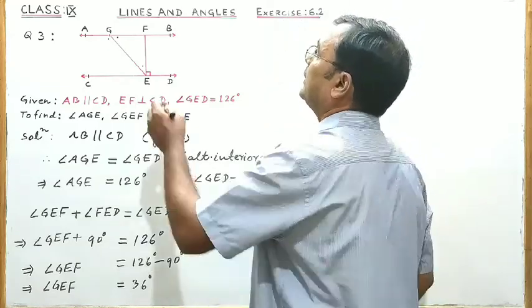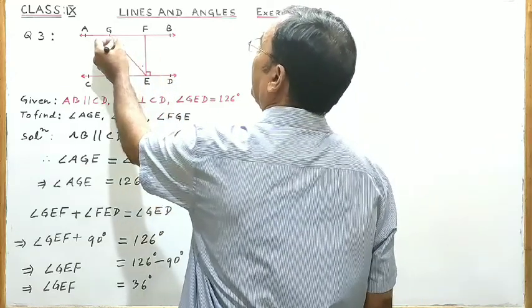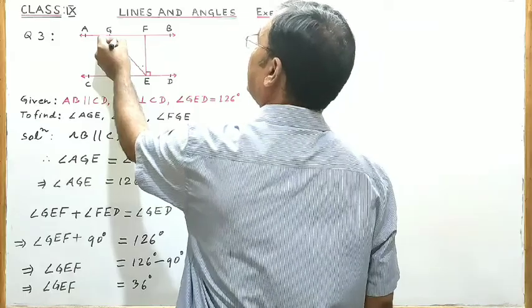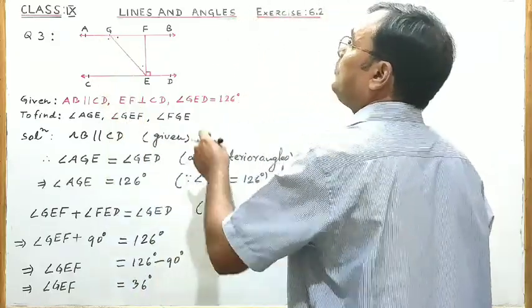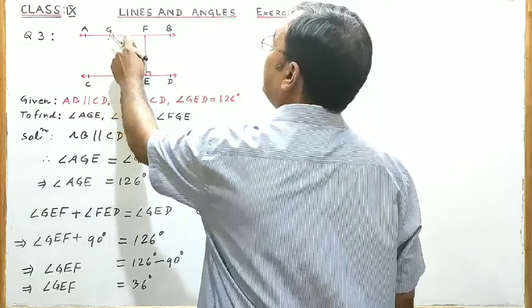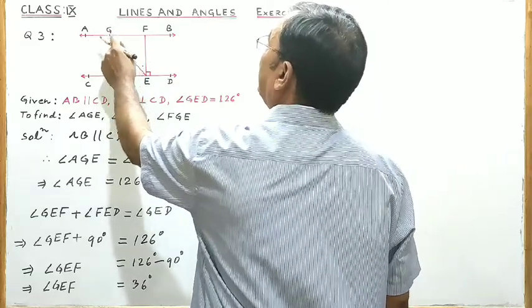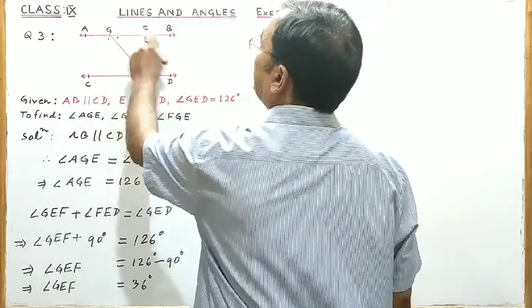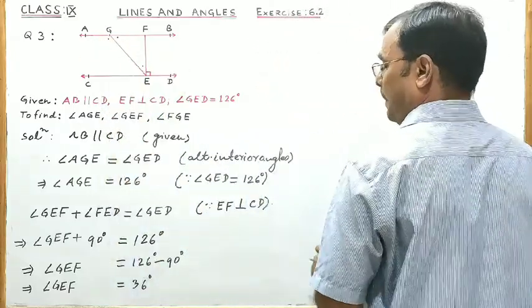So this way angle GEF is equal to 36 degrees. Now we have to find angle FGE. Angle AGE and angle FGE form a linear pair of angles because AB is a straight line.